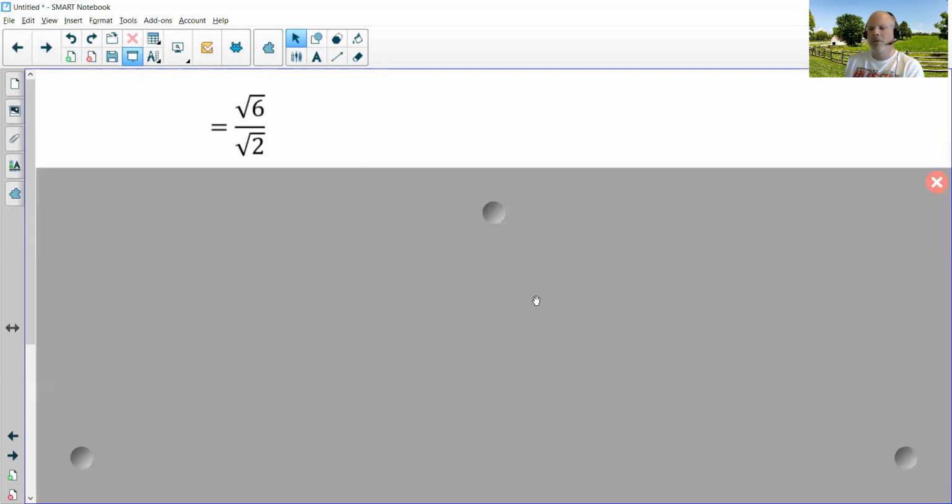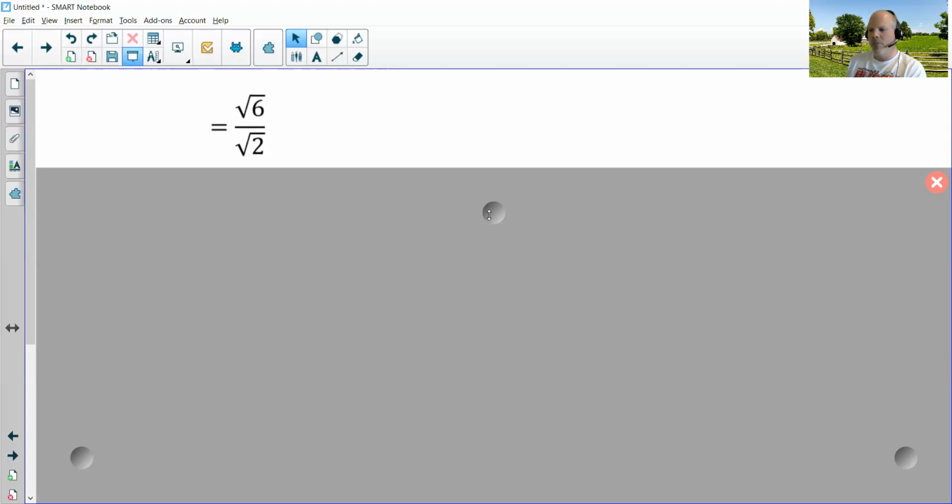All right, so here's our problem so far. We have square root of 6 over square root of 2. What we're going to do to remove or rationalize the denominator is multiply this fraction by 1, because we can multiply any number by 1 and it doesn't change the value of the number.